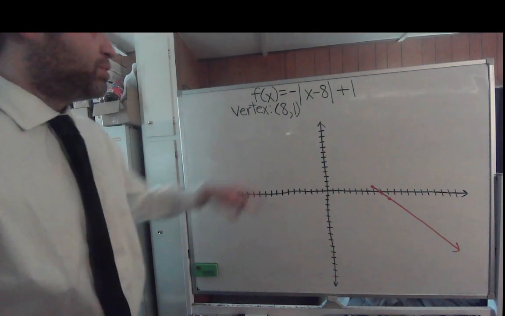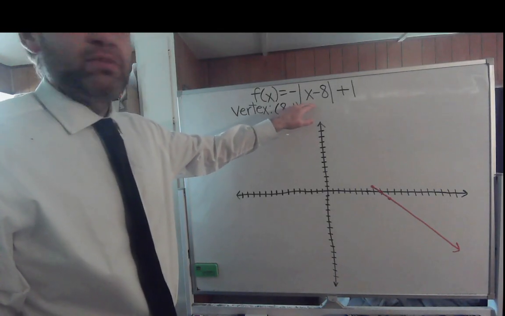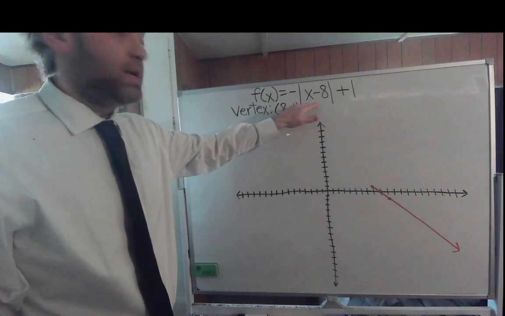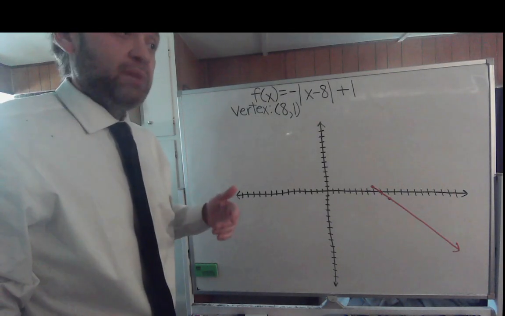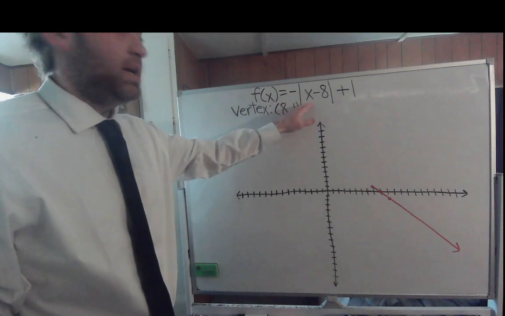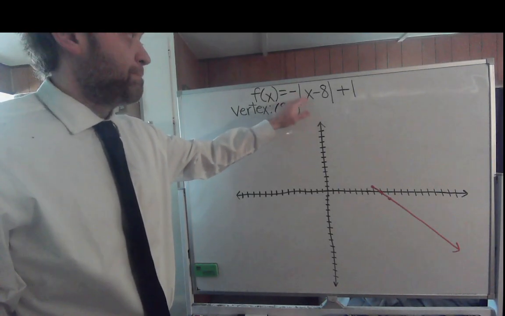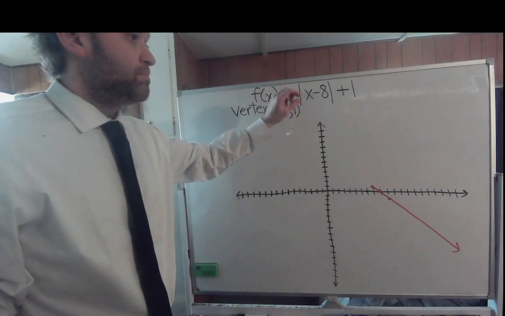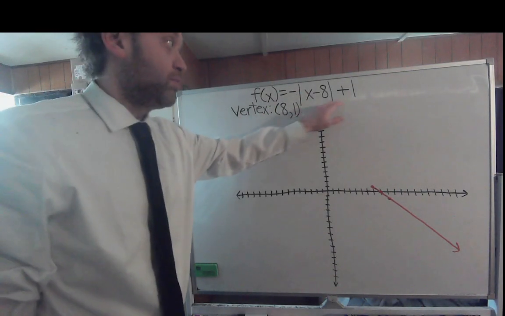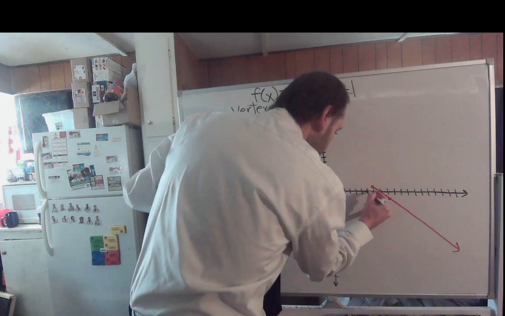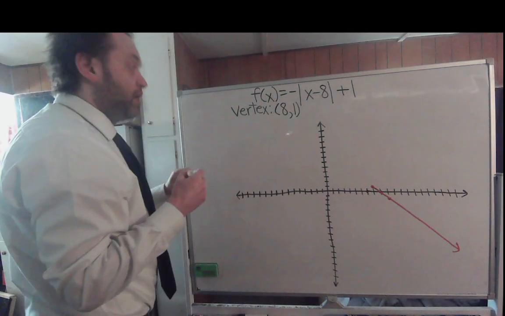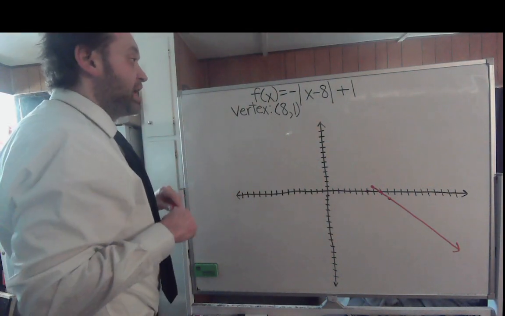All right, let's go ahead and put in 7 for x. 7 minus 8 is negative 1. The absolute value of negative 1 is going to be positive 1. If you negate positive 1, you get negative 1. So negative 1 plus 1 is 0. So you would get the point 7, 0. Now what if I put in 6?